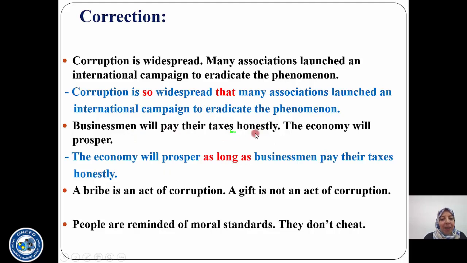Paying the taxes is the condition for the economy to prosper. So we can start the sentence: The economy will prosper as long as businessmen pay their taxes honestly. Okay, and as I said, as long as can be in the beginning with all this condition.